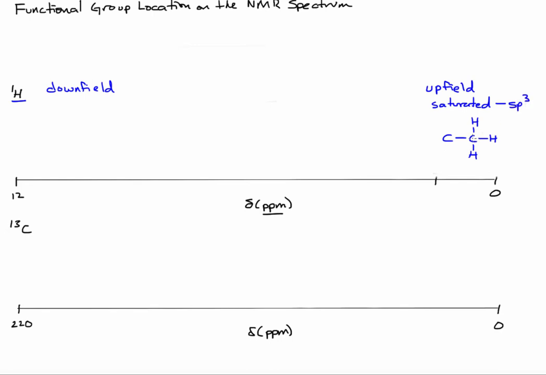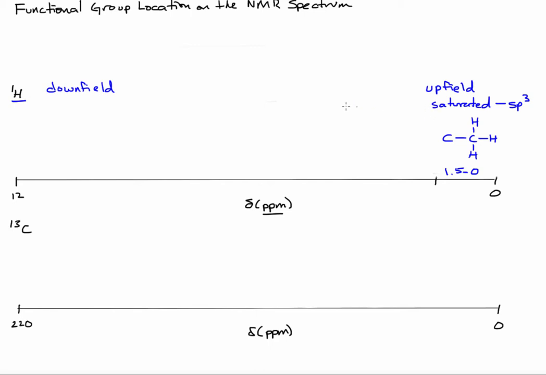So sp3 hybridized carbon, their hydrogens occur between 1.5 and 0. So that gives us an indication if we have an alkane, it's going to occur between 0 and 1.5 parts per million on the chemical shift scale.